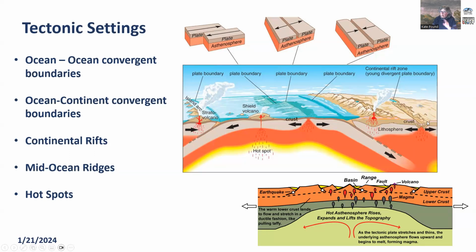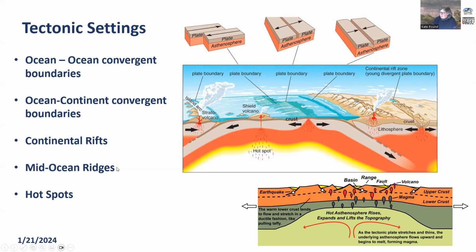And we had a big one in Minnesota approximately a billion years ago. The continent started to pull apart, and that made all the rocks along the north shore of Lake Superior. So that's continental rifts. A current example of a continental rift is the East African Rift Valley.